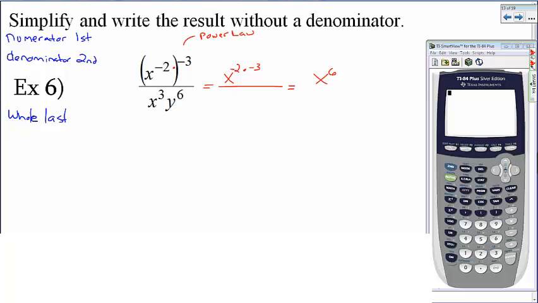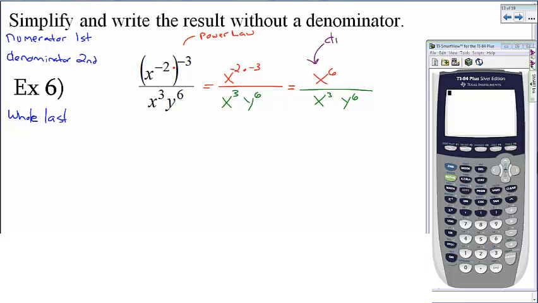In the denominator, I don't really have anything to simplify or to change, and there are no negative exponents. So what I can say is that I'm keeping it all the same. In other words, I'm just going to rewrite it as it belongs: x to the third, y to the sixth, because nothing has changed.